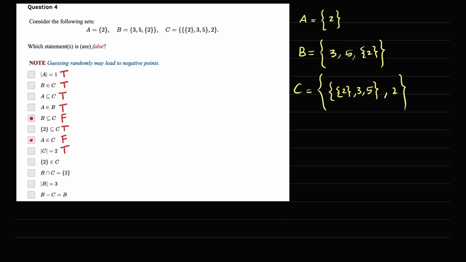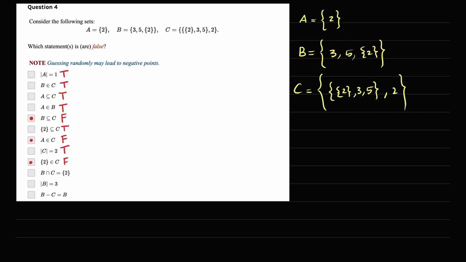The next one tells you that curly brackets of 2 belongs to C, so it means A belongs to C, because curly brackets 2 is the same name as A. And then we already checked that A belongs to C is false, so this is also false, and this is another one that we have to choose. The next one claims that the intersection between B and C is the curly brackets 2.